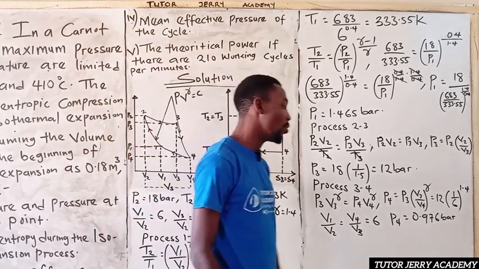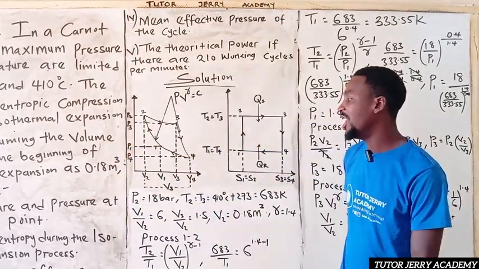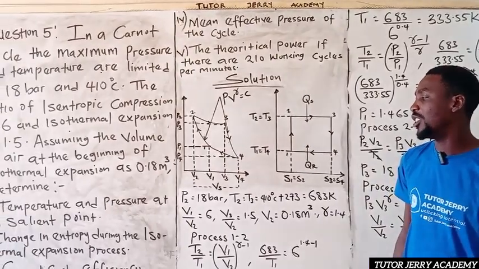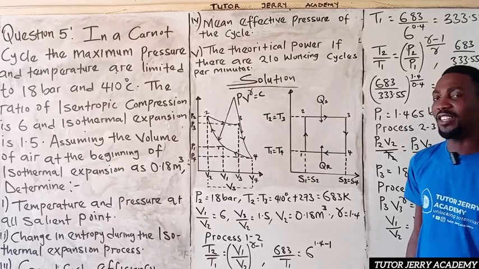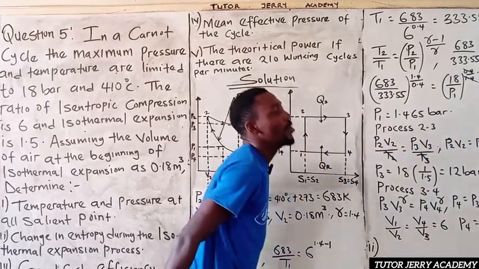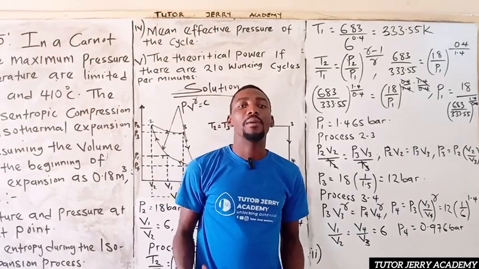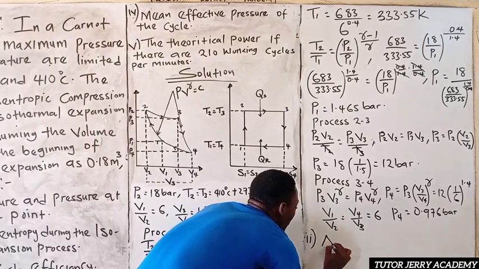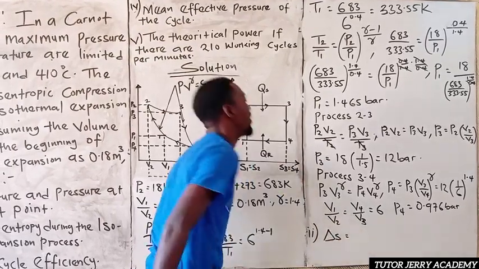It says that we should find the change in entropy during the isothermal expansion process. Do you still recall the formula for change in entropy? Change in entropy is denoted by change in S, like this.